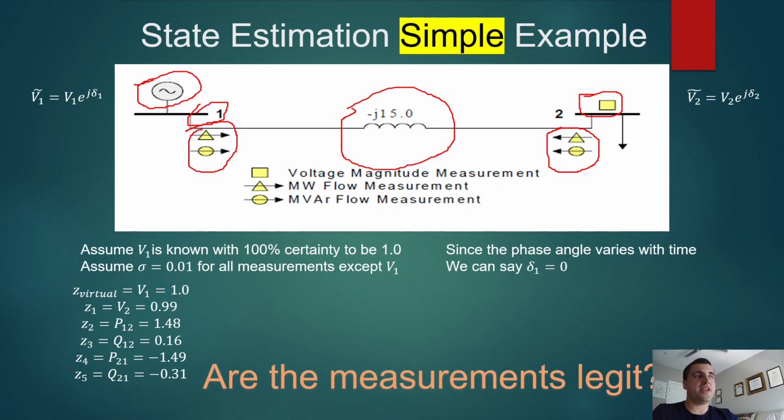For the purposes of making the math easier, we're going to assume that the power company is giving us the voltage here, so we don't need a sensor, and that the voltage is 1, and we know that with 100 percent certainty. So we call this a virtual measurement, essentially. We're not taking this measurement, it's just given to us. And these are the other measurements that our system is getting, and we want to know if these measurements are legitimate or if they've been hacked.